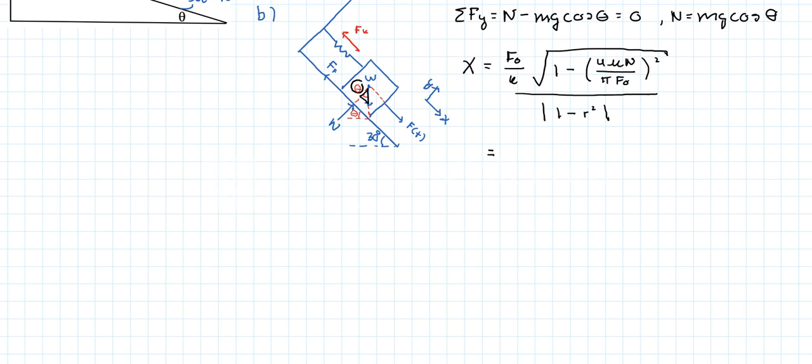So we write this out. We have 90, that doesn't change, divided by 15,000.